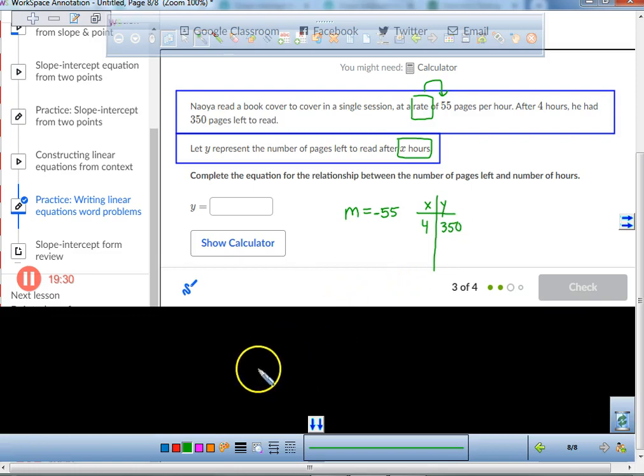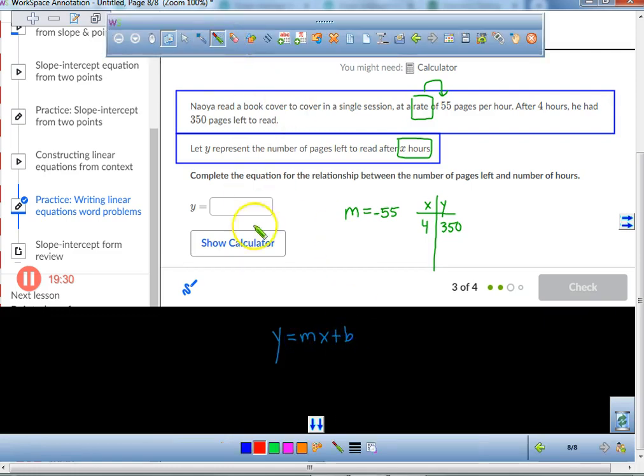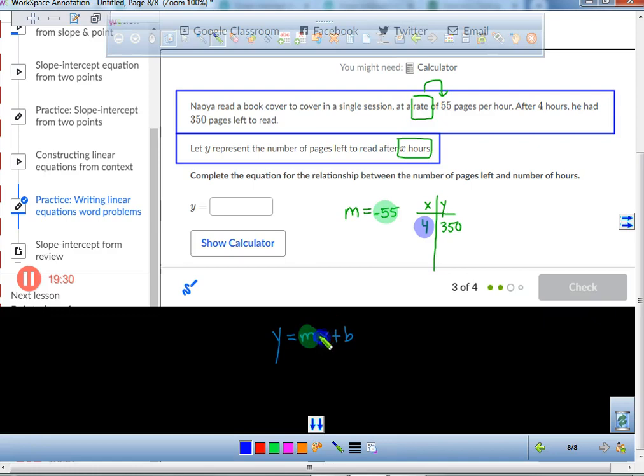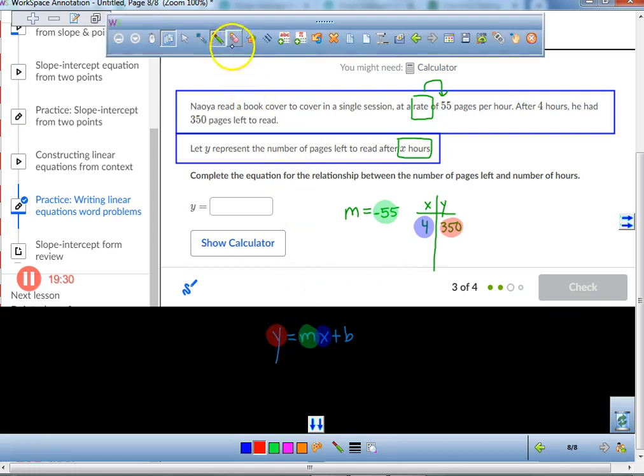So this is where you're really going to need to focus on understanding how to use Y equals MX plus B. What number am I going to put in for the M value? I'm going to put in the negative 55. What number am I going to plug in for X? Correct. And what number am I going to plug in for Y? 350.